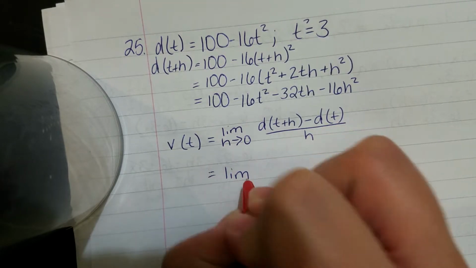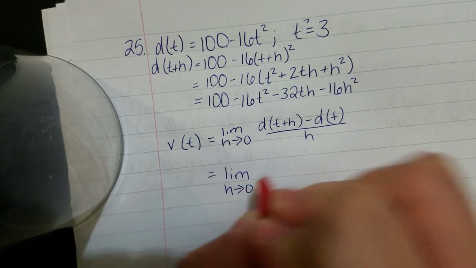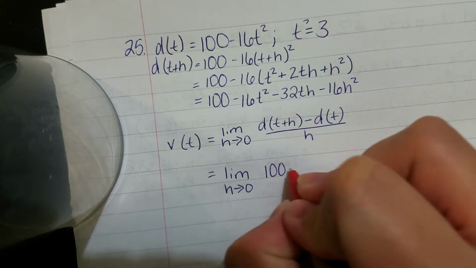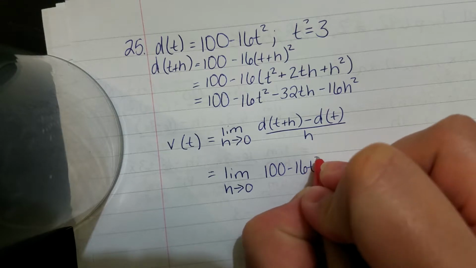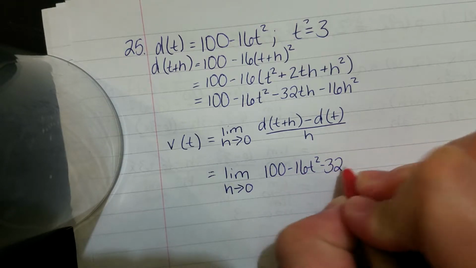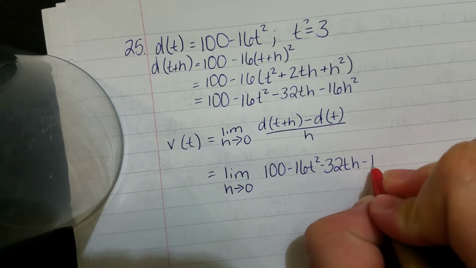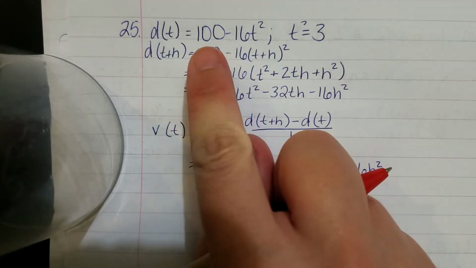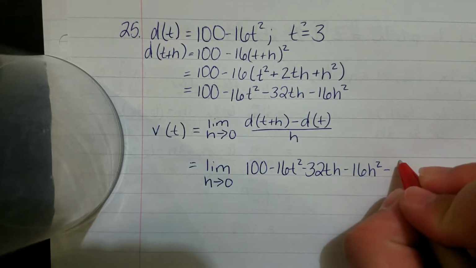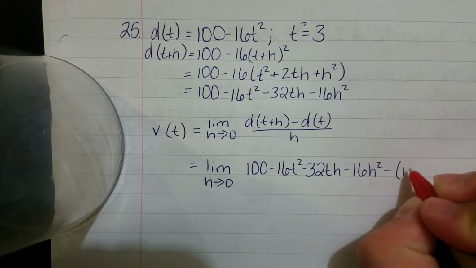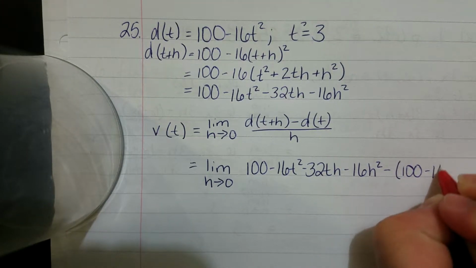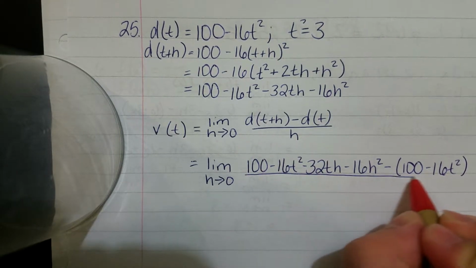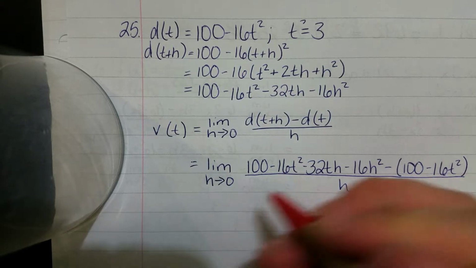So I've got the limit as h approaches 0. This is this one, so I've got 100 minus 16t squared minus 32th minus 16h squared. And then I'm going to minus this one. So I've got minus brackets 100 minus 16t squared, all of that over h.